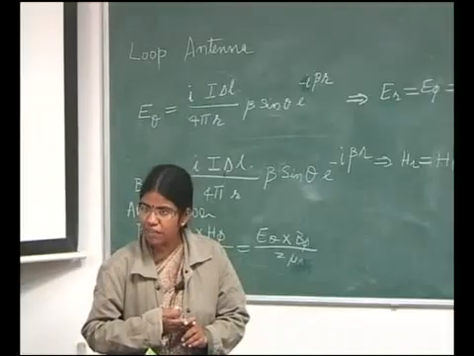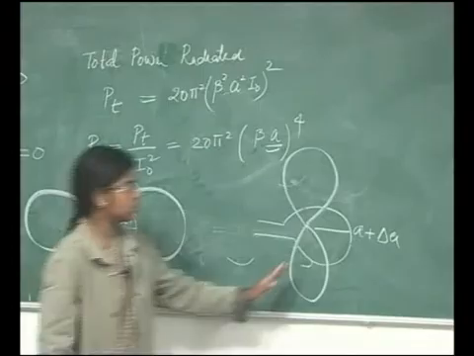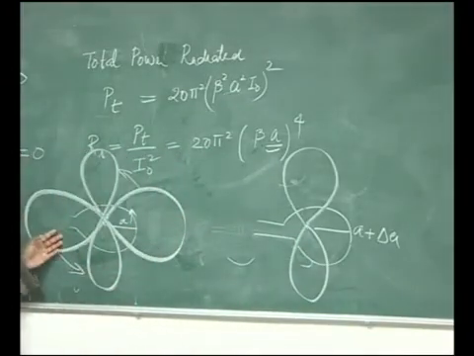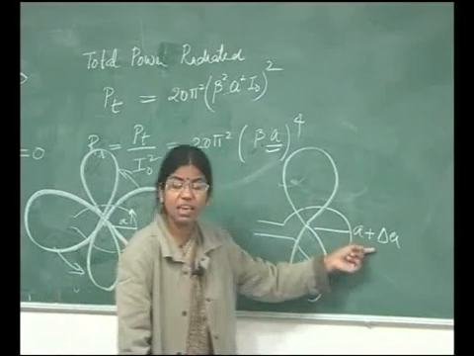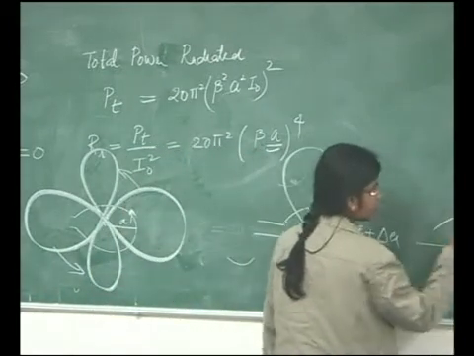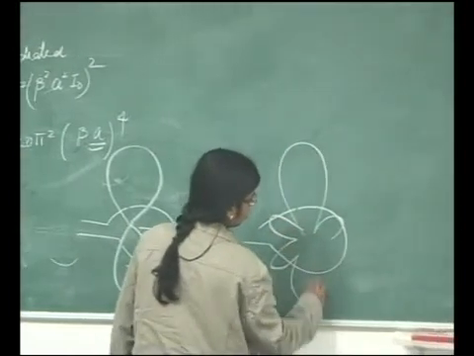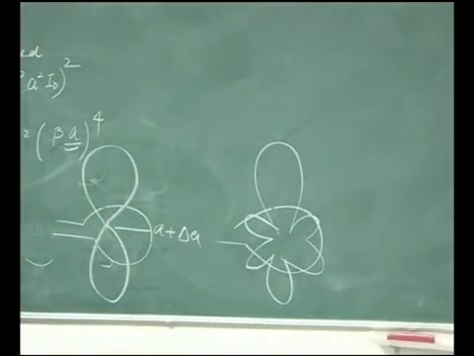It will have a very complicated radiation pattern. Now it is omnidirectional, radiating only in the vertical plane. Here also it was omnidirectional, radiating in the horizontal direction. But if I increase A further, it will start to radiate in a very complicated manner. It will have something like this. It can have a complicated radiation pattern like this.